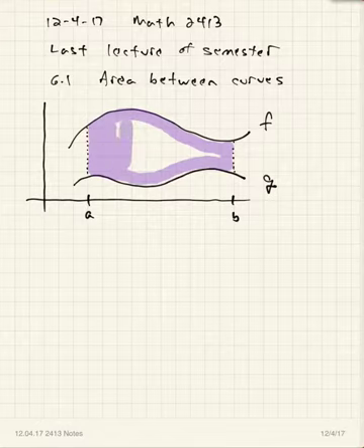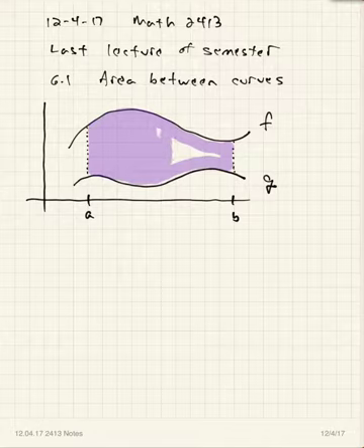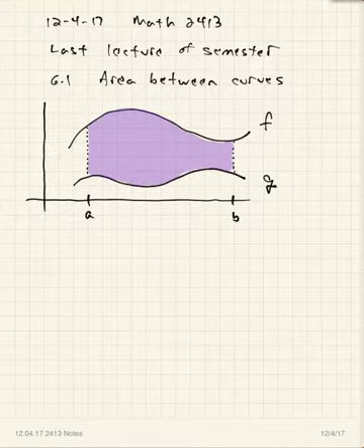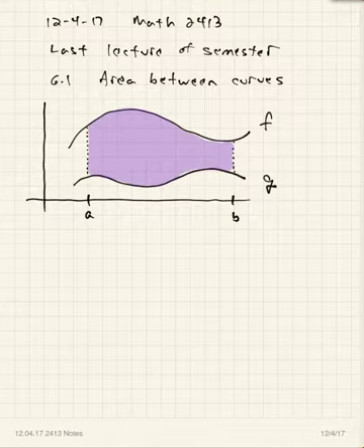Okay, so what I want to do is walk through how you would think about this kind of problem and how you would set up the integral. And we want to do this in such a way that we can extend this idea to different situations. All right.